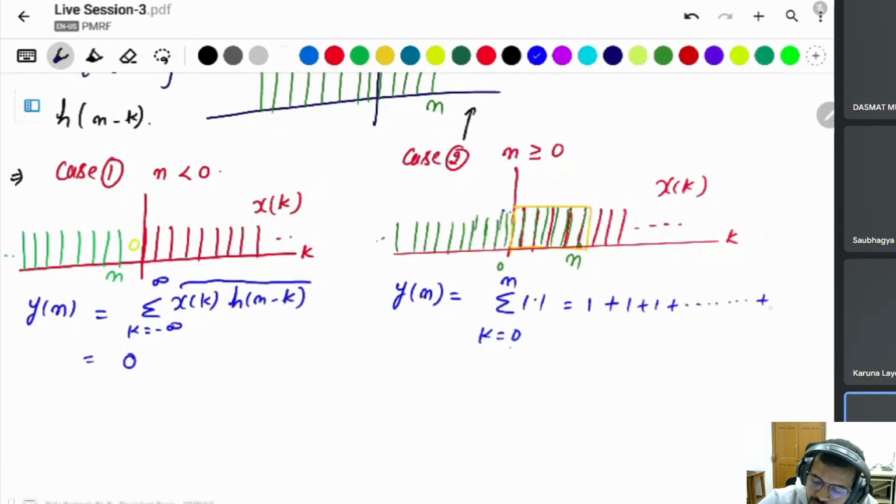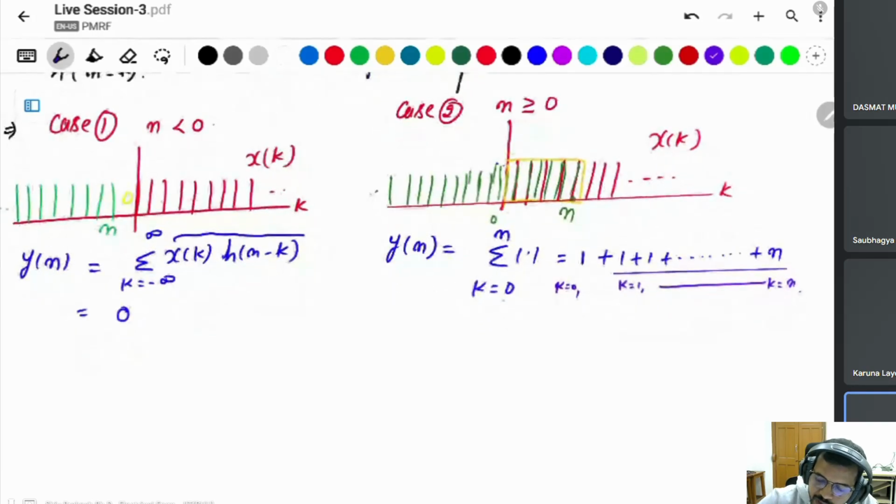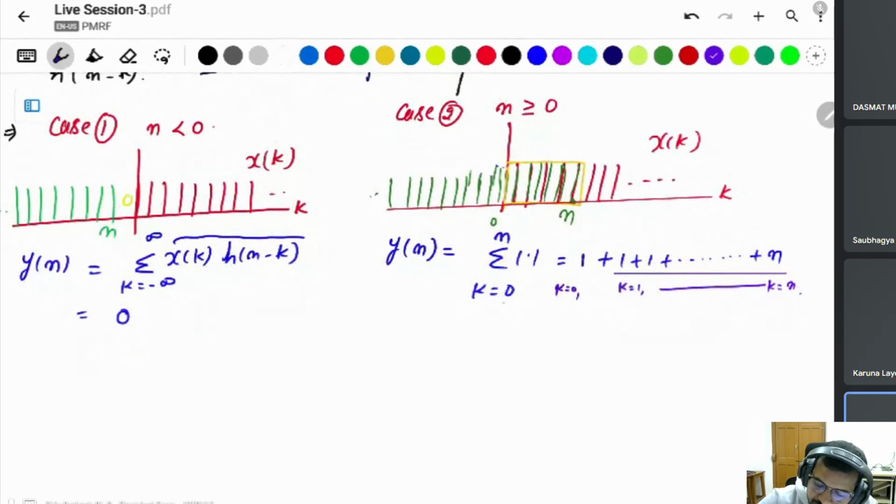But up to n, just imagine this one. This is when k is equal to 0, but this is from k is equal to 1 to n. That's why the number of terms is n here, but this is the extra term, so the total number of elements is n plus 1, not n, because of the 0.